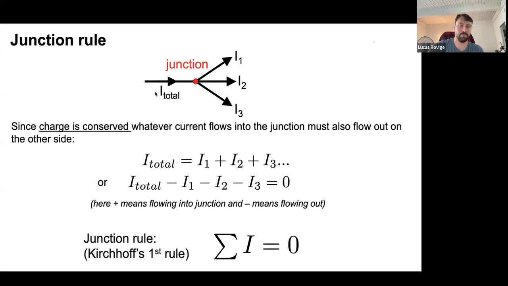So if we have, for instance, three wires going out of the junction, then the sum of the currents on all three wires is equal to the inflow current. And yesterday during office hours, I had questions, so I want to clarify that the current in each of those lanes of the junction will depend on what's next, for instance the resistors. So it's not just evenly divided at the junction. It really depends on what is after.